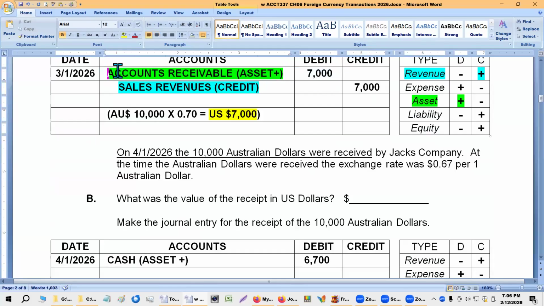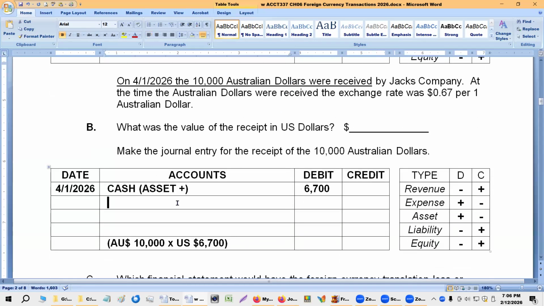And remember, this is really not in US dollars. They owed us 10,000 Australian dollars. So we're going to have to do something to make these things balance. But this is what we have to take off the books.